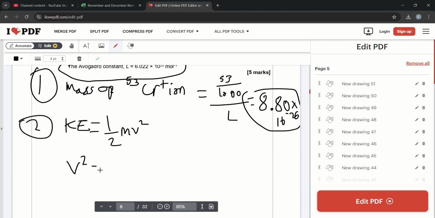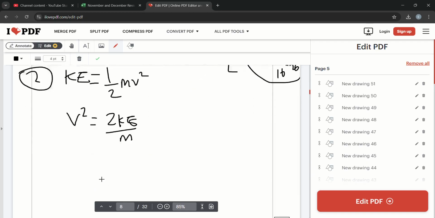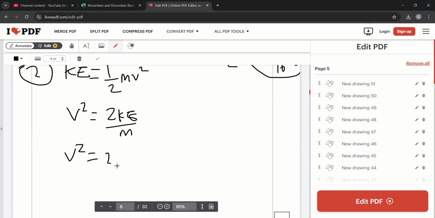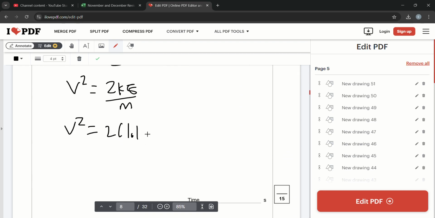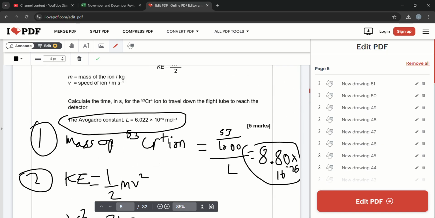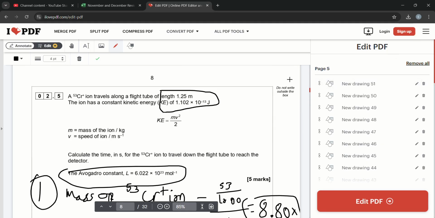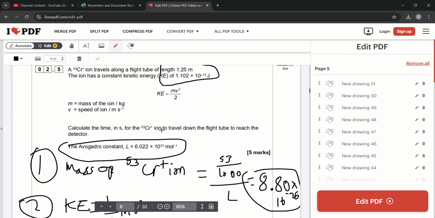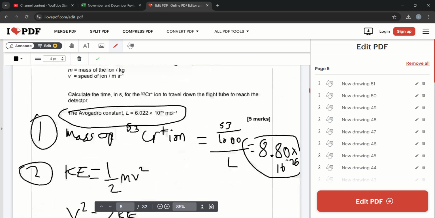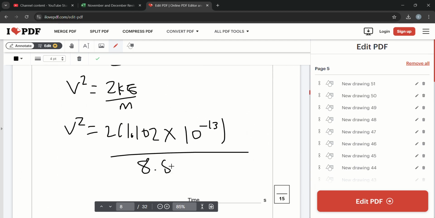So velocity squared is equal to 2 times 1.102 times by 10 to the power minus 13, over 8.80 times by 10 to the power minus 26, which is the mass we just worked out.